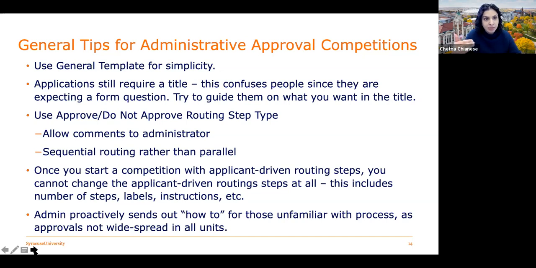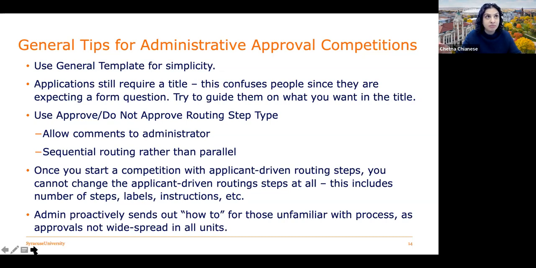On the back end, when an application comes in, you can do some editing, like you can change the reviewers and so forth, but you can't change the structure of that. One thing that we've done is that we will get a lot of new reviewers through this system. As I mentioned, we have chair, associate dean, and vice president approval. Sometimes the chairs would be new, or it's a department that hasn't used InfoReady before.